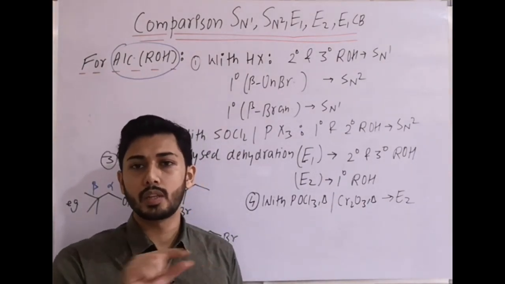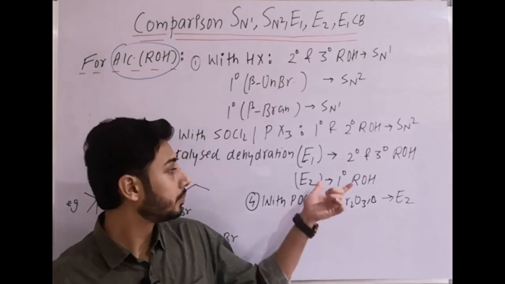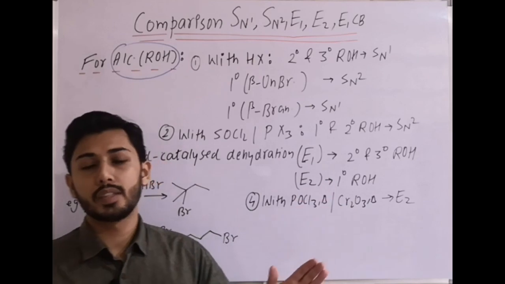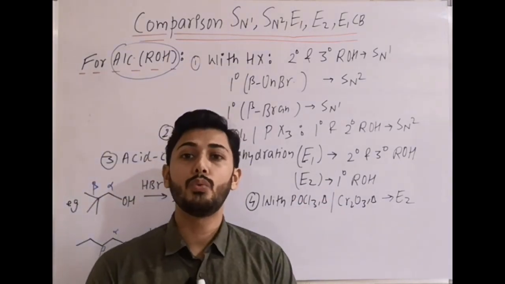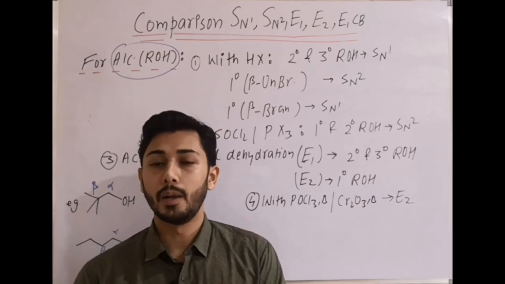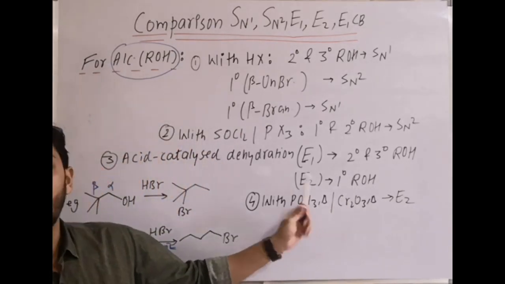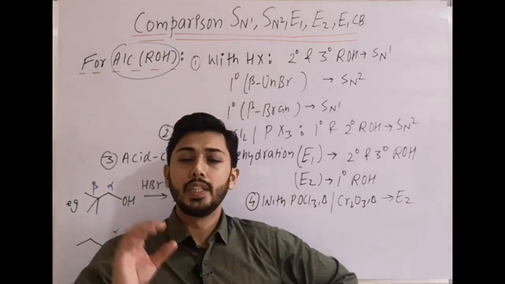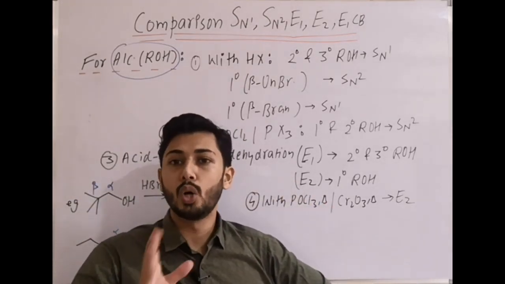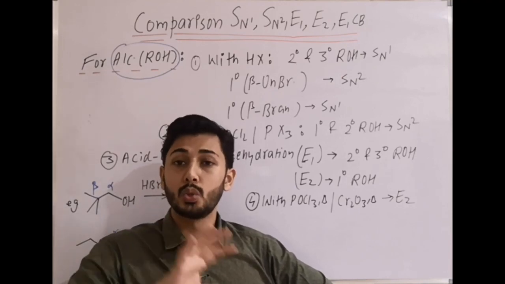Remember, if the question is theoretical, primary alcohol going to alkene is E2 mechanism. But remember, it depends how the four options are given, because if it is propanol, you get propene by E2. If it is butanol, then the major product is not 1-butene, the major product is 2-butene.